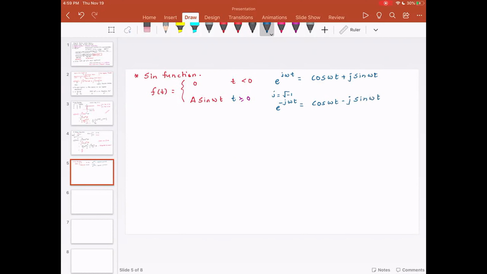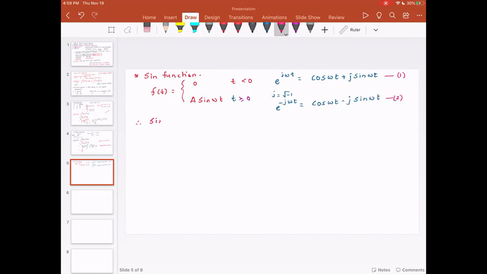From these equations, equation 1 and equation 2, I would like to find out the value of sine omega t. You can clearly see, if I subtract equation 2 from equation 1, cosine omega t gets cancelled, and I land up with an expression for sine omega t.